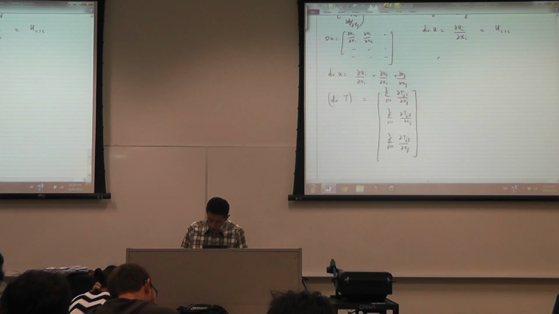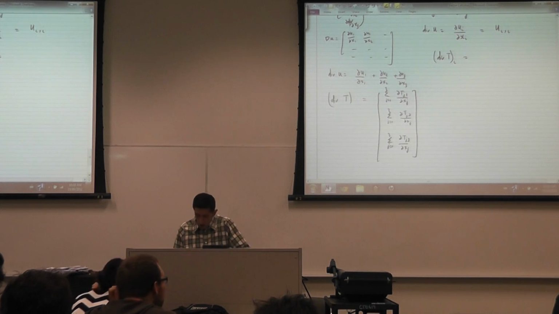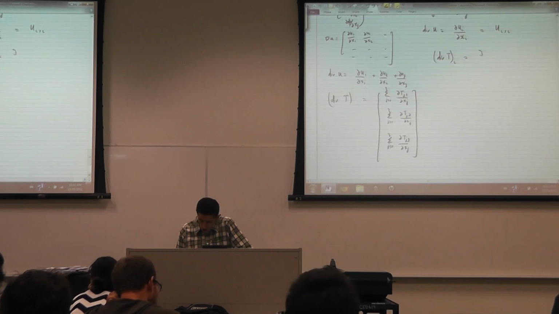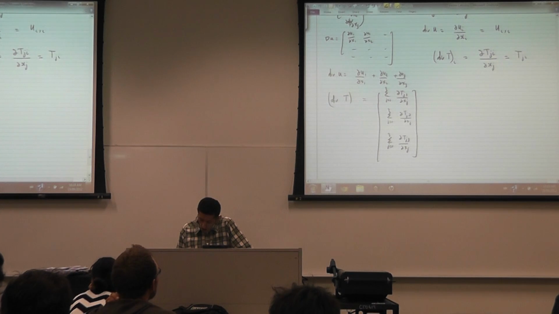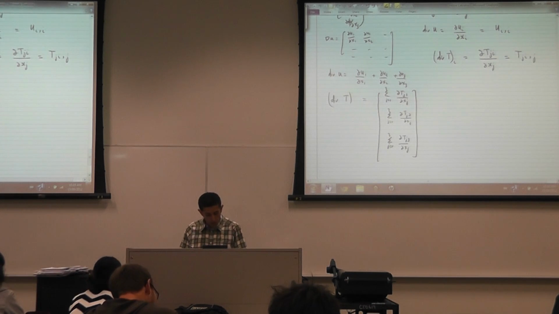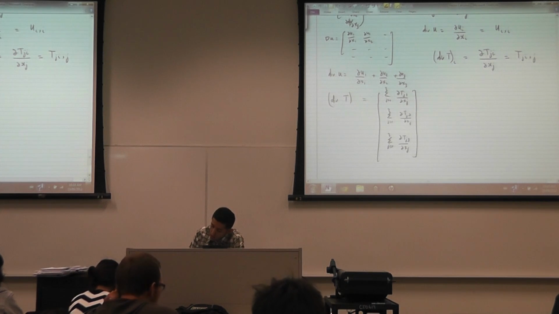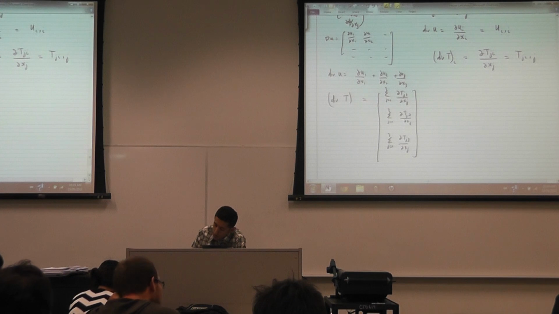So it's a vector with components i. These components are equal to partial Tji with respect to xj, which is equal to Tji, comma j. j is repeated, therefore there is a sum.